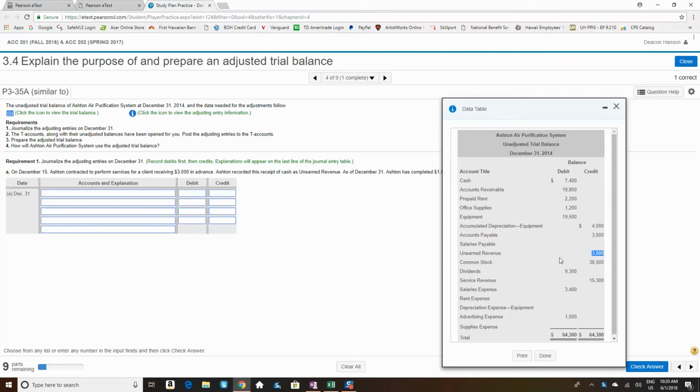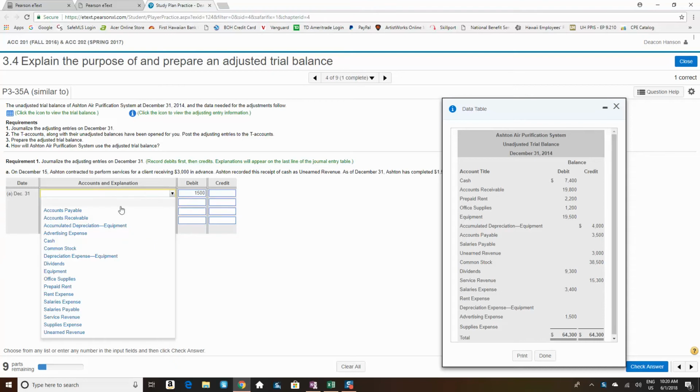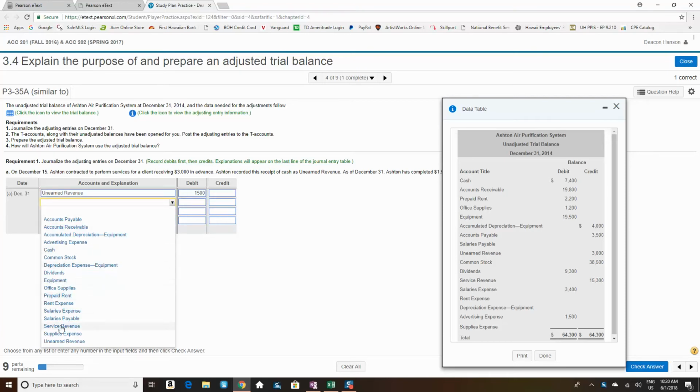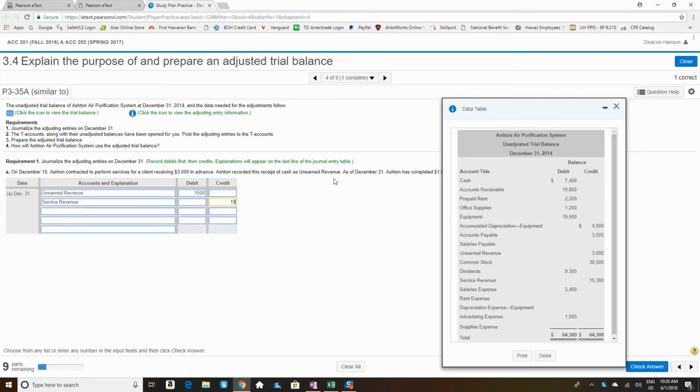We have to take $1,500 out of unearned revenue. So we'll do that by debiting unearned revenue. And now that it's no longer unearned revenue, it actually is service revenue. So we're going to credit service revenue 1,500. Okay, and that's an adjusting entry.